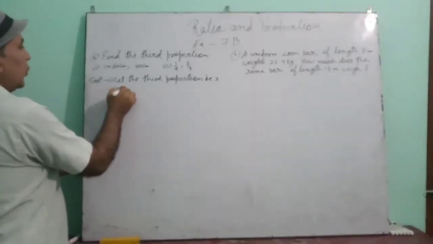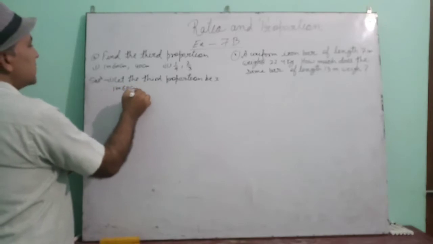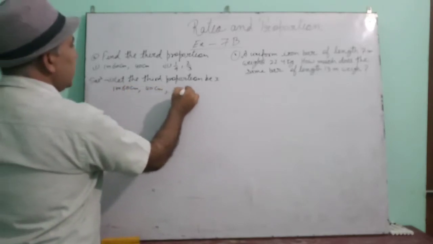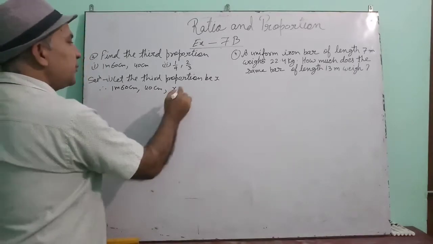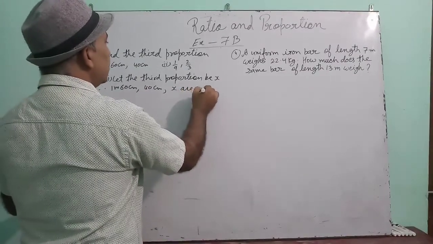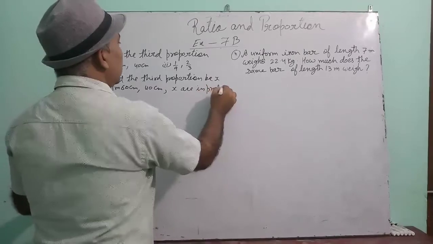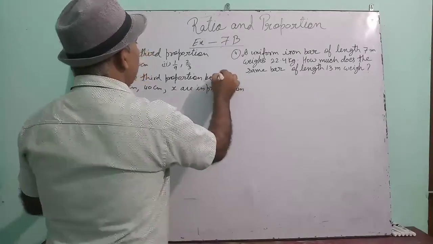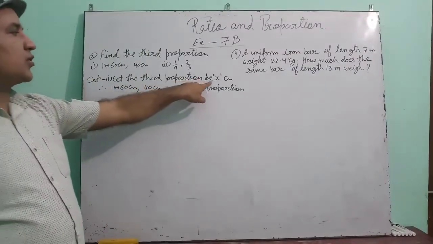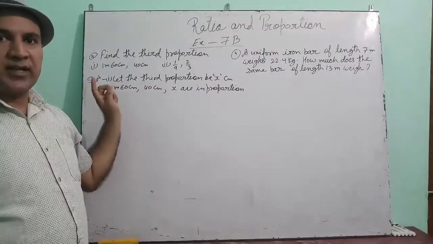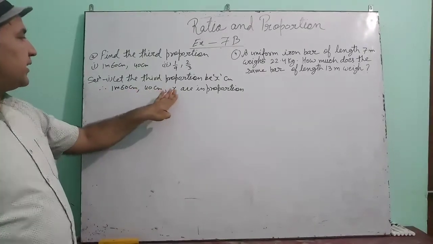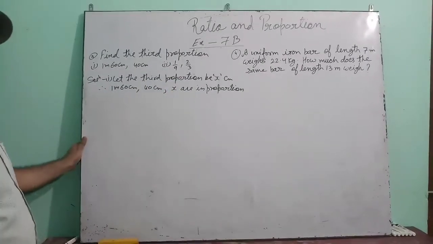Therefore, 1 meter 60 centimeter, 40 centimeter and x are in proportion. Let the third proportion be x centimeter. Suppose that. Then 1 meter 60 centimeter, 40 centimeter and x centimeter will be in proportion.